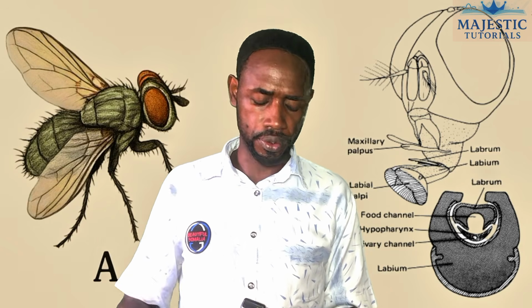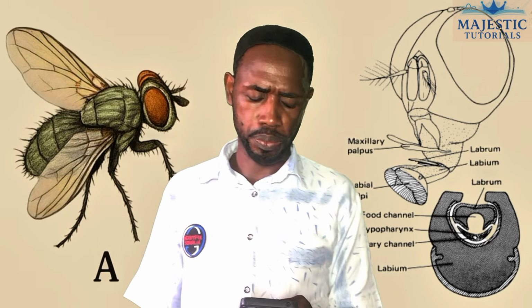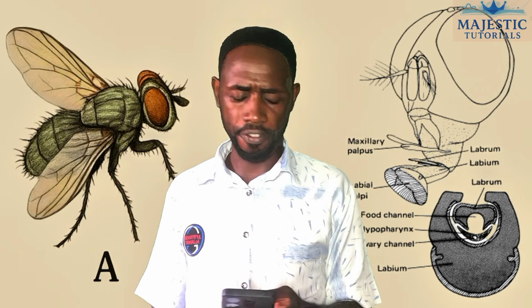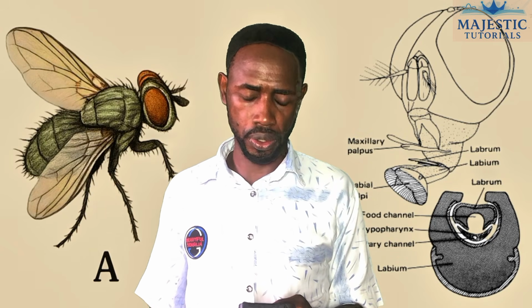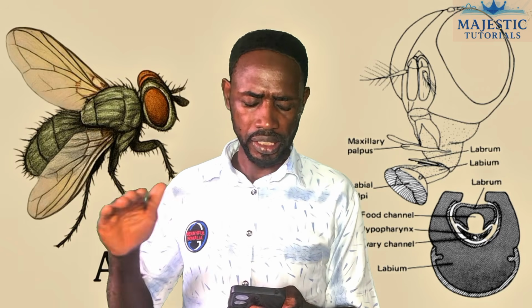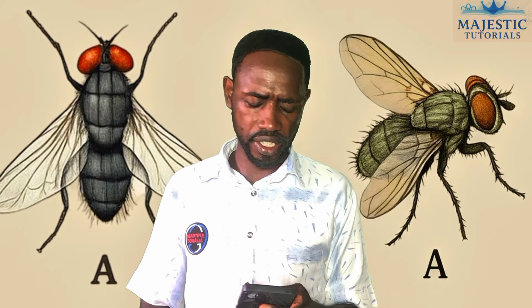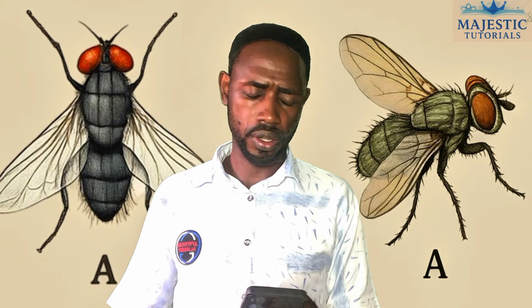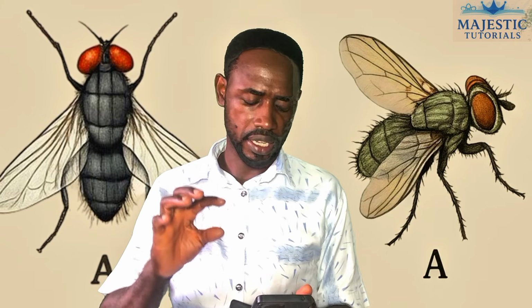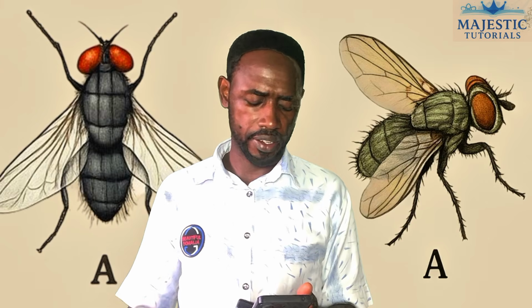It feeds on fluid, so it's a fluid feeder. So sponging mouth parts for feeding on liquids or fluids. So that is it for the adaptive features. Then compound eyes for wide vision and sticky foot pads for walking on surfaces. So these are the adaptive features that you can find for housefly.